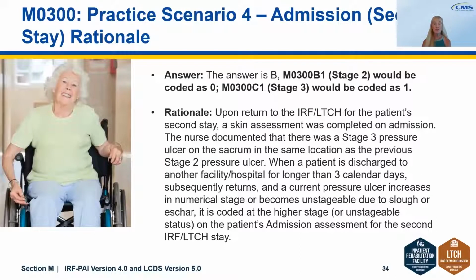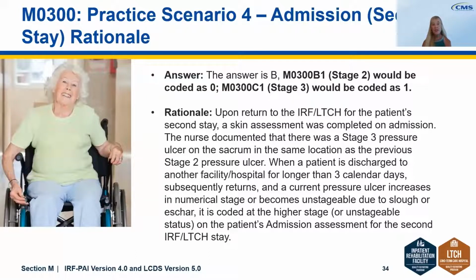When the patient returned to the IRF or LTAC for the second stay, a skin assessment was completed on admission, and the nurse documented that there was now a stage 3 pressure ulcer on the sacrum in the same location as the previous stage 2 pressure ulcer. So with that information, then M0300C1 would be coded with a 1.